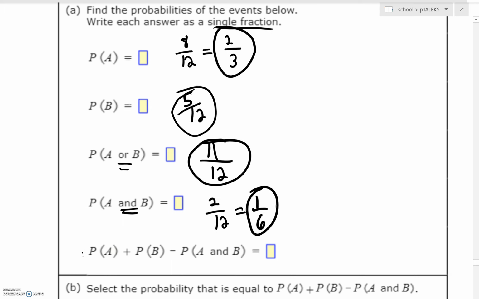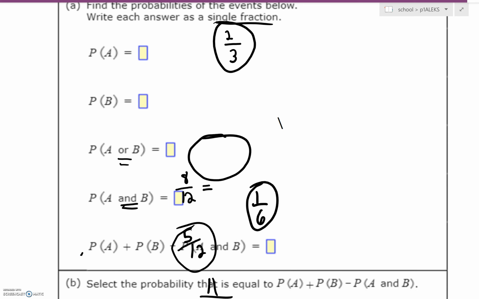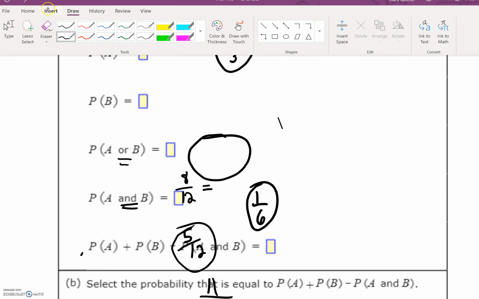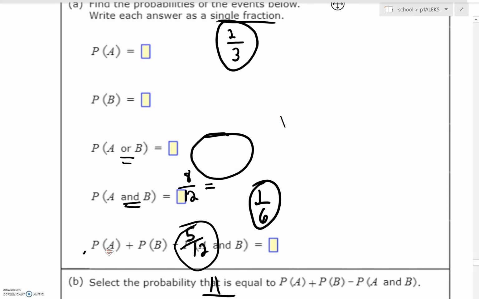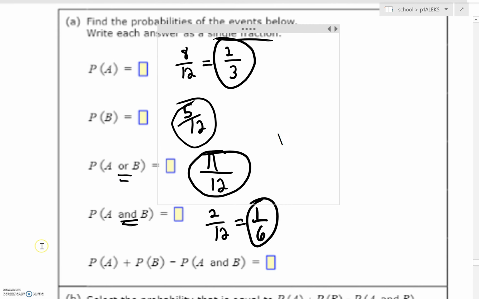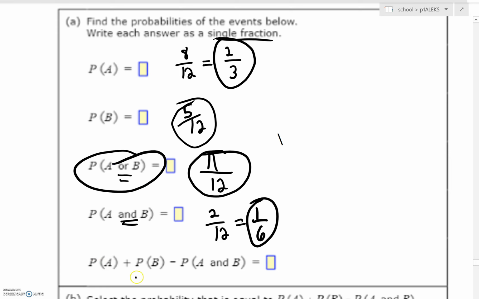Now, here's this very famous formula that we've got right here. Okay, just had to fix moving all the text back up. But this last problem right here is really the probability of A or B. That's that big formula that we're always going to see.